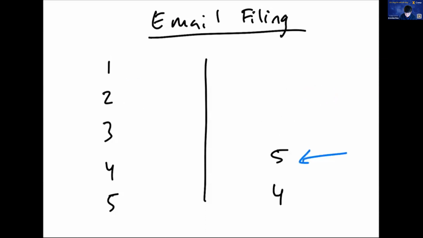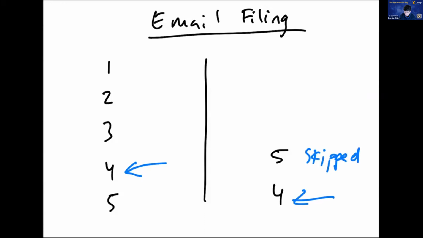Here's where it becomes a little bit interesting, because what I'm seeing now is just my folder number 4 and my email number 5. And in this instance, I don't see the folder here that I need to place it into. So what I have to do in this situation is move on, and this one becomes skipped.